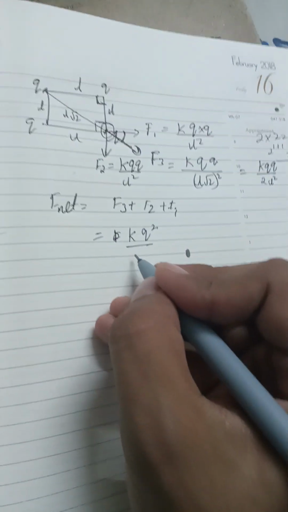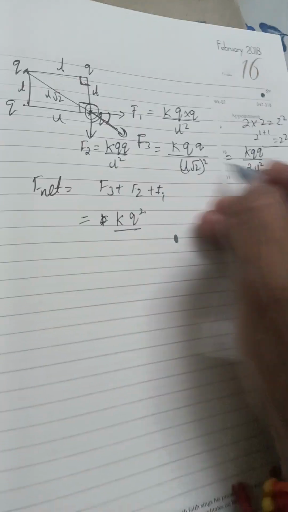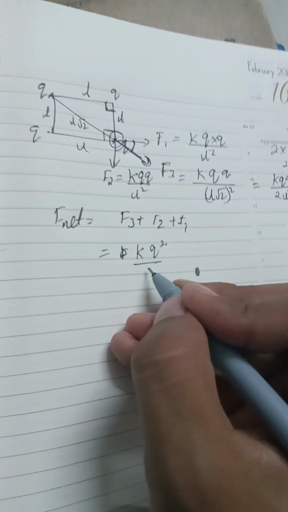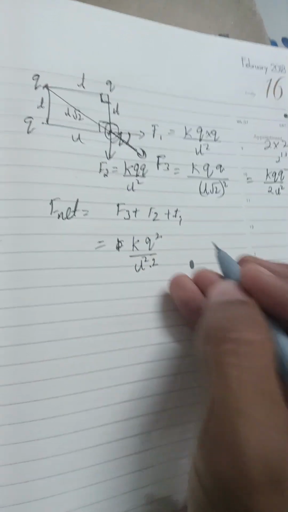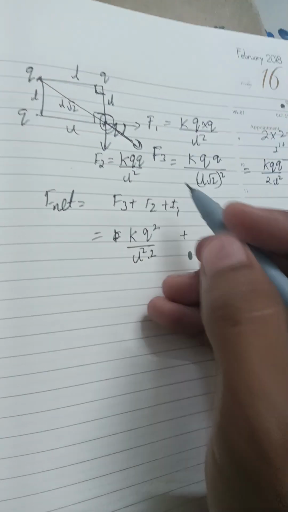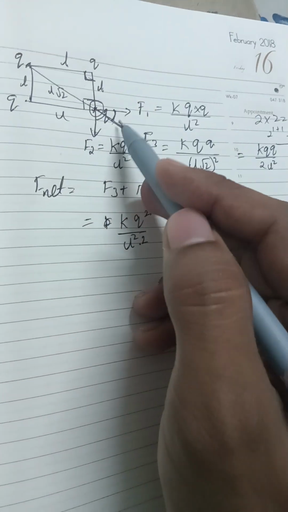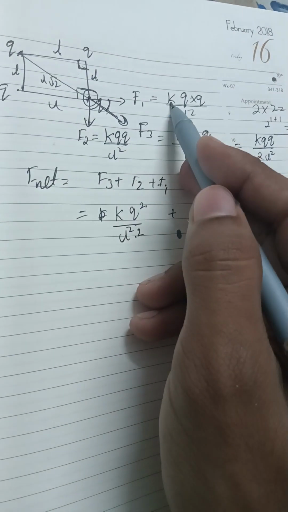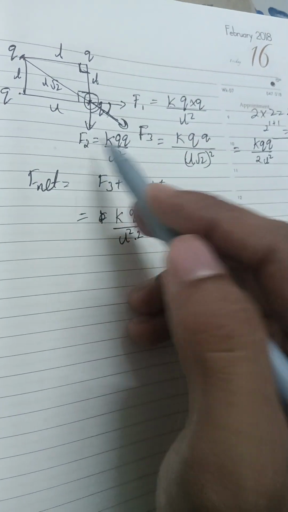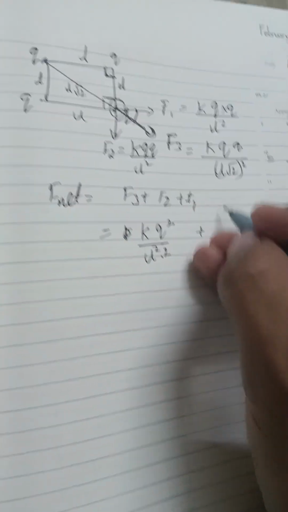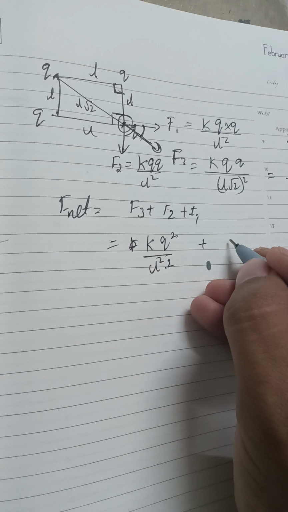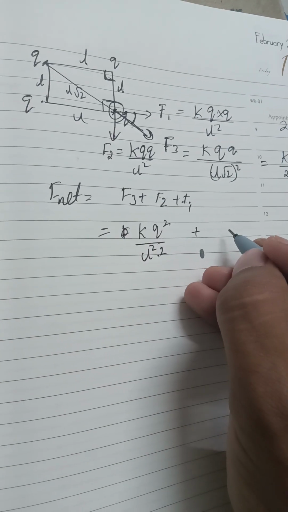K Q square by L root 2 whole square is L square into 2. Now plus these two components would be the same. This F1 and F2's components would be the same, so it would be like, what was it, at 45 degrees.